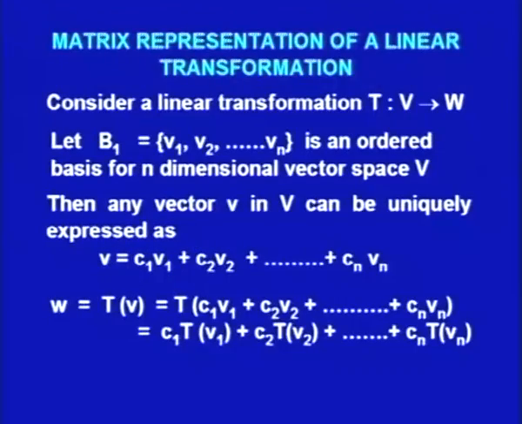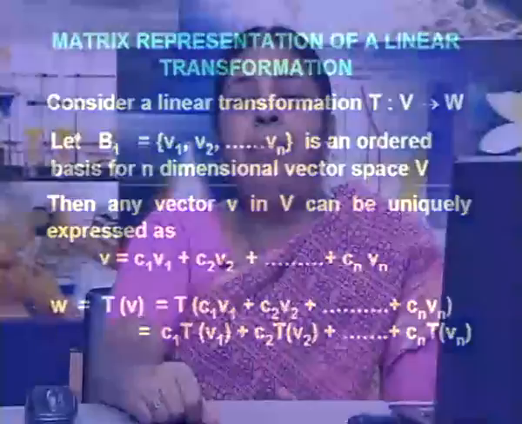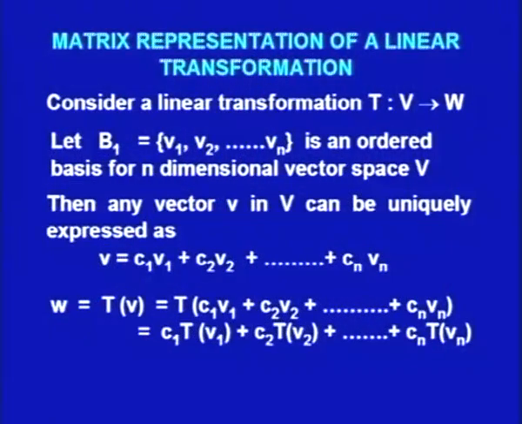In the next part of my lecture, I will be discussing matrix representation of a linear transformation. Now, let us consider T is a linear transformation from the vector space V into W. Let B1 be an ordered basis for the vector space V, consisting of V1, V2, ..., Vn, an n-dimensional vector space.